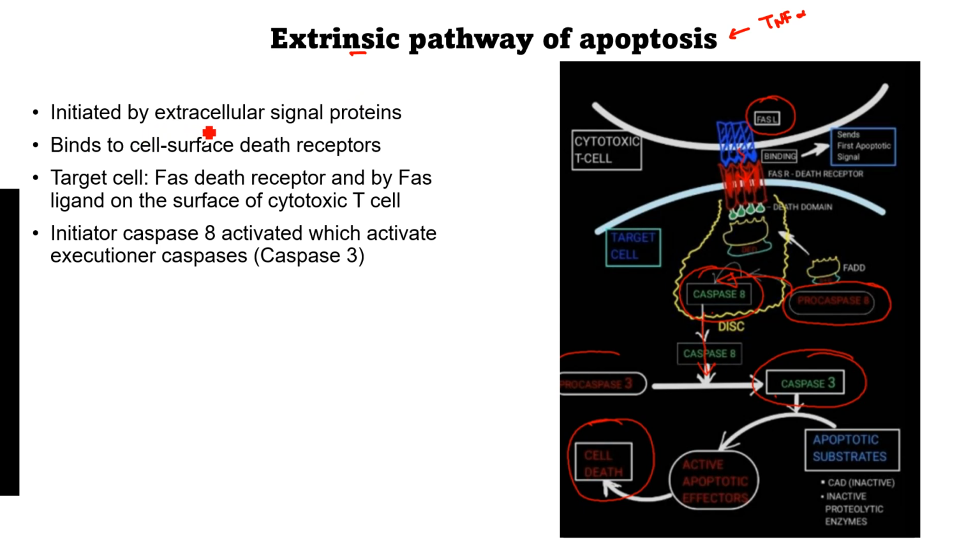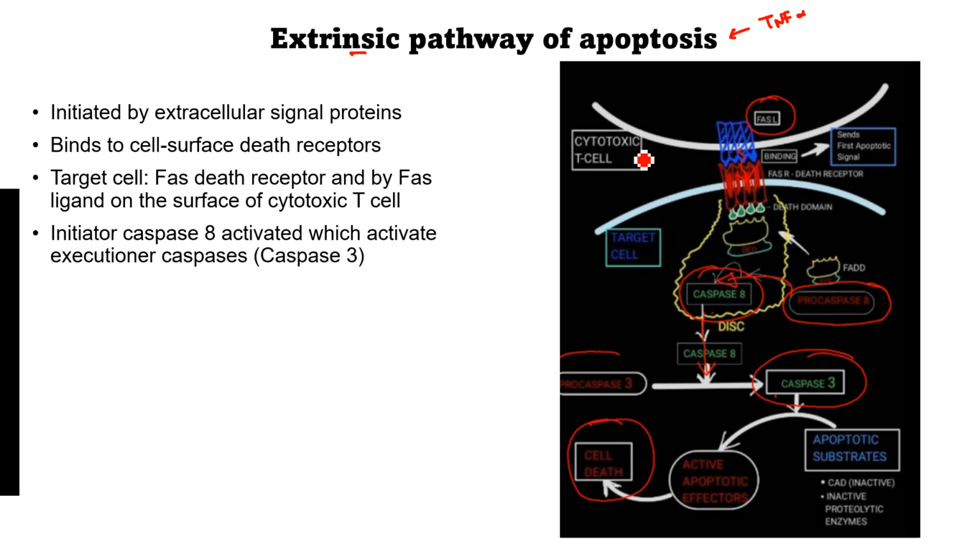It is initiated by extracellular signal proteins, like in cytotoxic T cells, which have the Fas ligand. This Fas ligand is an extracellular signal protein, and on the target cell there is a Fas receptor, or Fas death receptor.